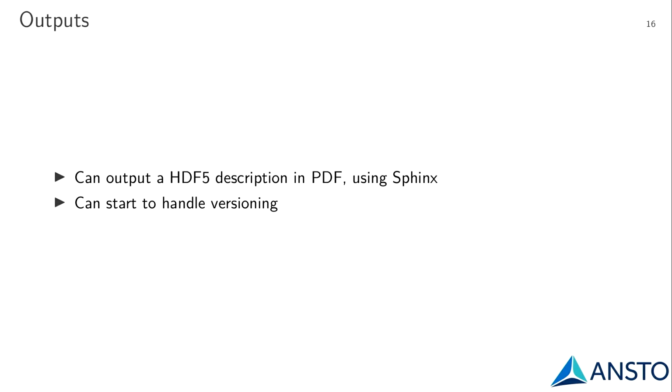So using Sphinx, we can at the moment generate a PDF file describing all of the attributes, all of the groups, and all of the metadata in the HDF5 file in a straight PDF file, and it doesn't have to mention any Python stuff at all.